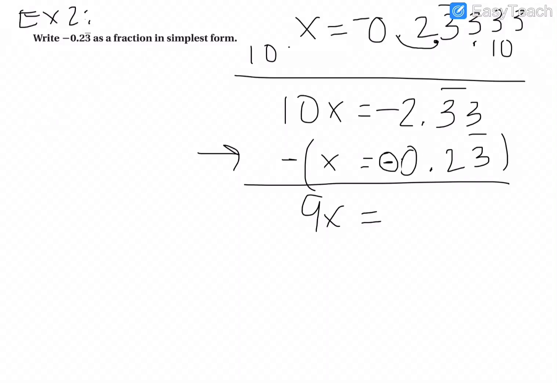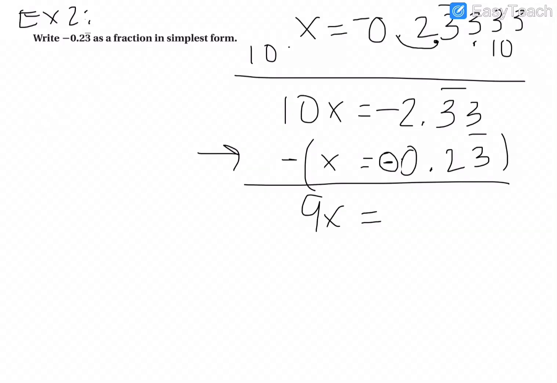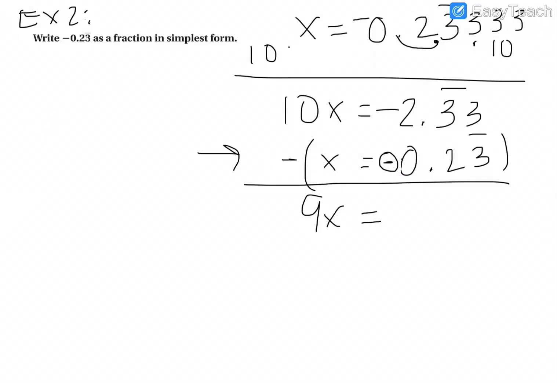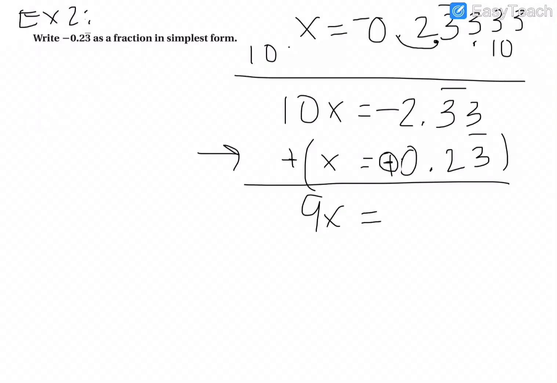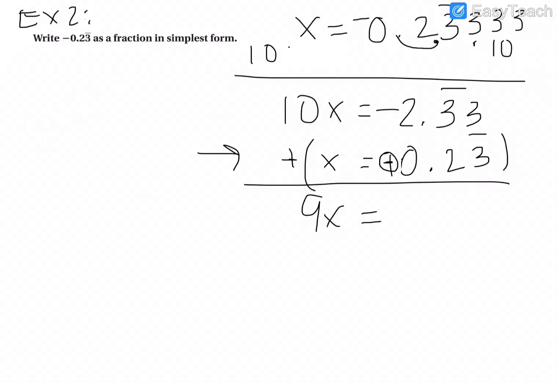Okay, so going back to this, you are taking away x from 10x, so that's still 9x. But here, when you are taking away the negative amount, it's negative 2.33 plus 0.23 repeating. I'm saying that the wrong way just to kind of show you what we have here.